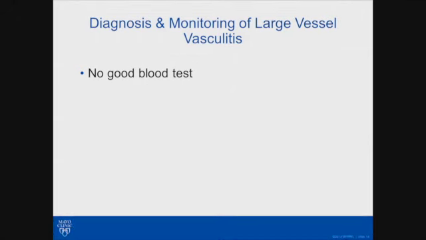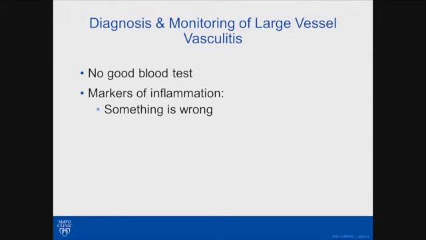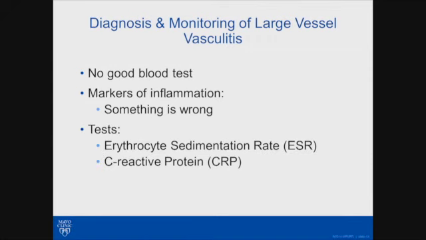What we do have, as you're all very well aware, is we check markers of inflammation, the SED rate or sedimentation rate, and the CRP, both of which will become elevated when there is inflammation in the body. The difficulty with these tests is that they tell us something is not right, but they don't tell us what the problem is.